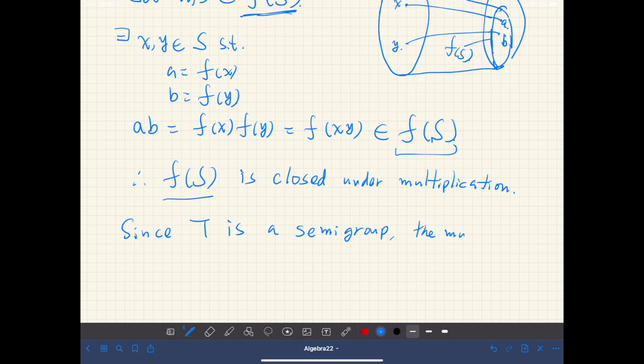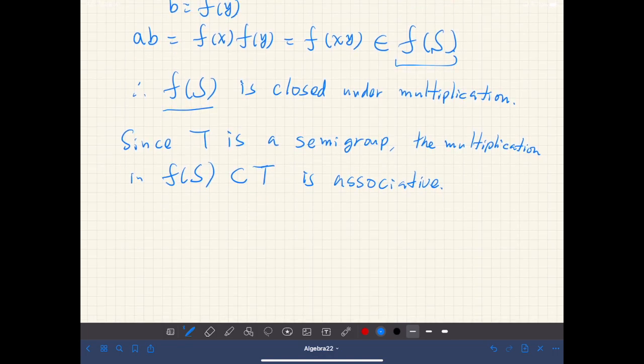The multiplication in F of S, which is a subset of T, is also associative. So, therefore, F of S is a semigroup. And we are done.